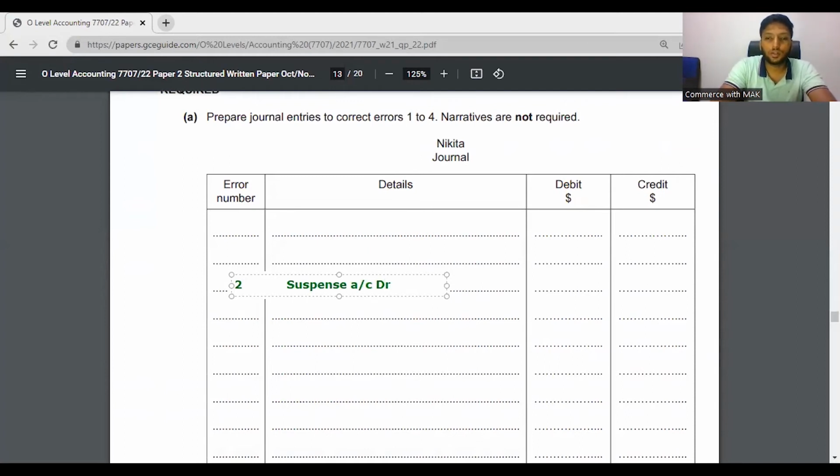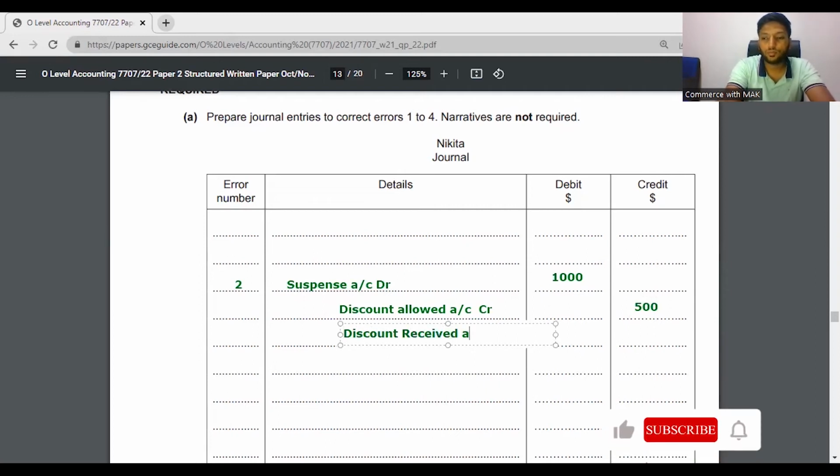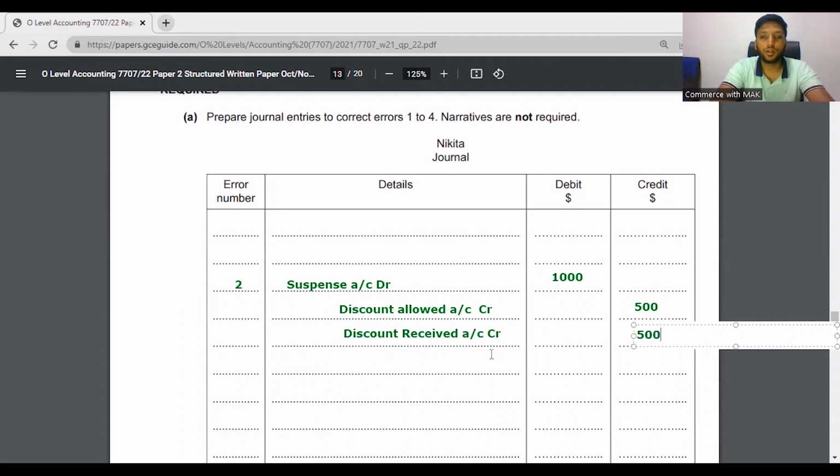Then we have discount allowed account credit 500. Then discount received account credit 500. That easy, guys, when you are recording this type of transactions.